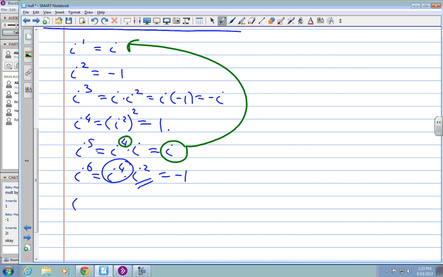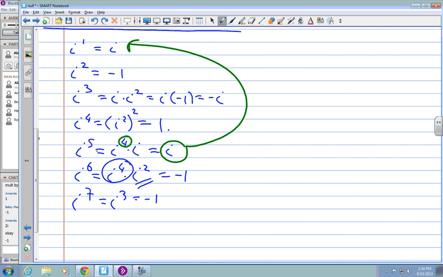Now, without doing any math, can you guess i to the power 7? Negative i, because i to the power 7 is the same as i cubed, since you can always just subtract 4 from your exponent. So keep subtracting 4 from your exponents to get back to anything between 1 and 4.